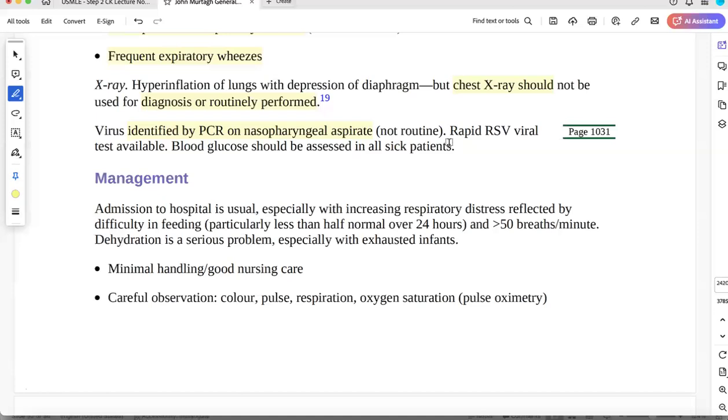Normally we say that because it is a viral infection, you don't need any investigation to diagnose this because we already know what it is. So no need for blood test, x-ray or even a swab. The only thing, if the child is looking very sick and not eating or drinking, you can assess their blood glucose to see if the child is getting hypoglycemia.